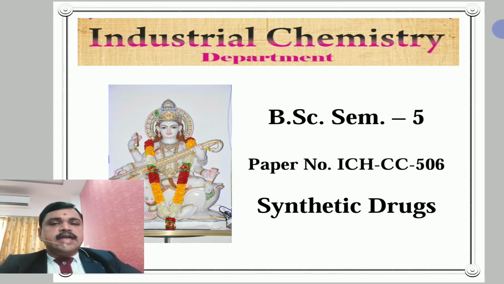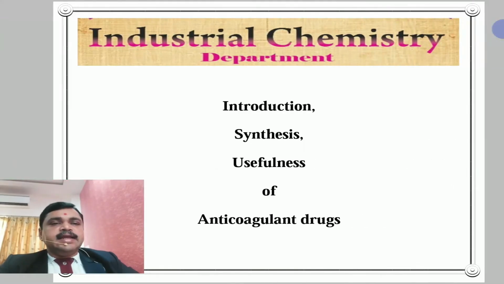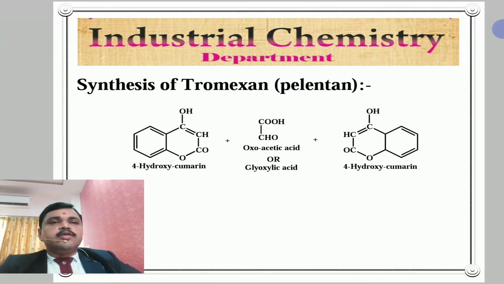So, we start with the synthesis of tromexan in anticoagulant drugs. Tromexan is also known as Pelentan, or tromexan, and it is synthesized from three starting materials. First is 4-hydroxycoumarin.